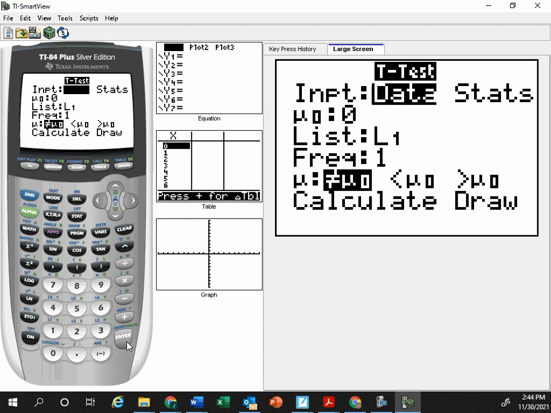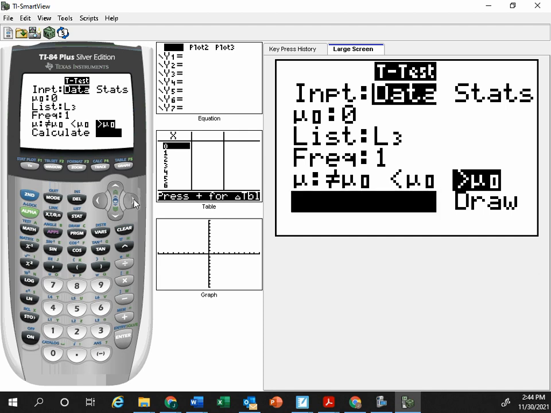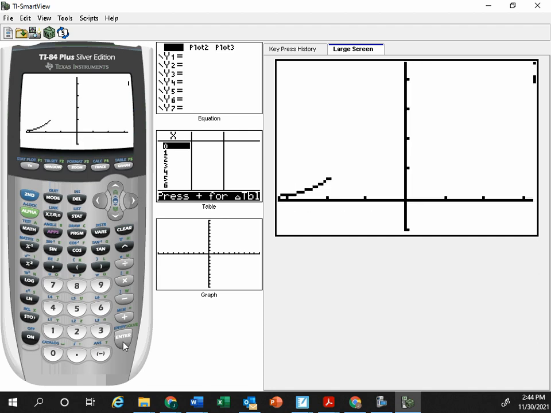So mu sub 0 is 0. That's good because we're talking about the difference being 0. Where is my list, though? L3. So I'm going to put L3. Frequency, we don't have anything to deal with frequency. And then I want to make sure I pick greater than. And I'm going to do draw because that'll remind me to draw a picture. Some of you forget your pictures.